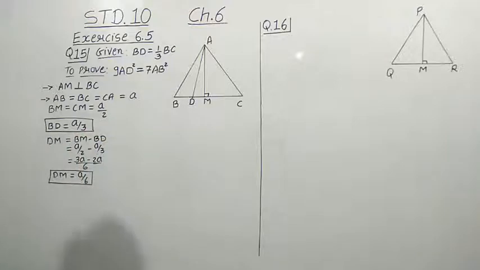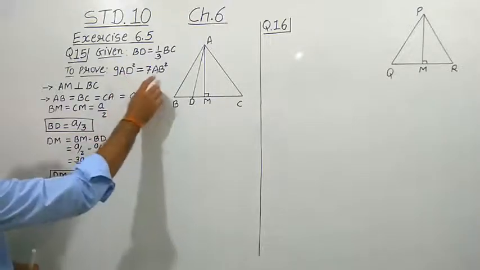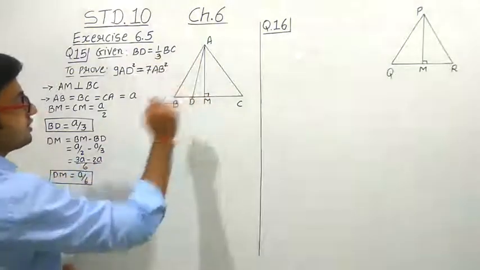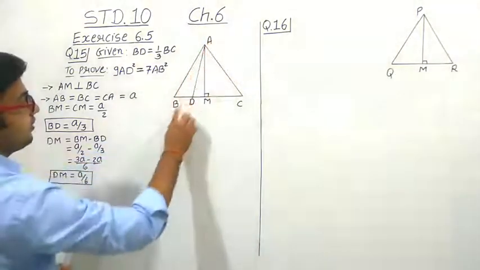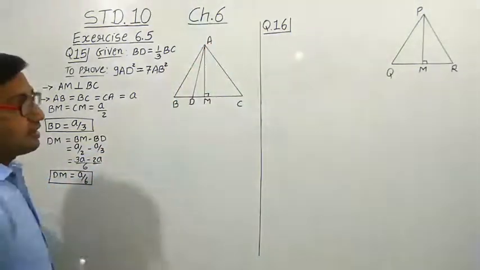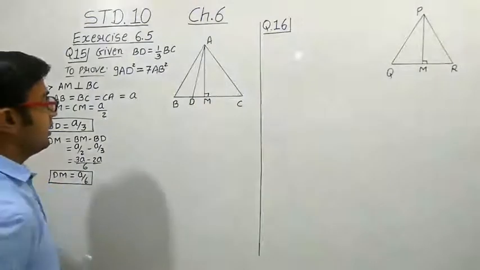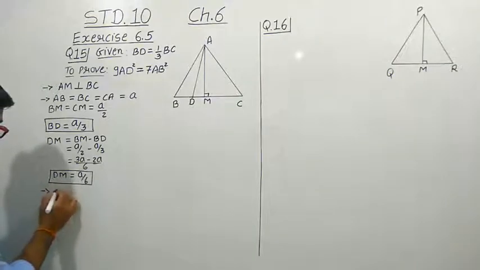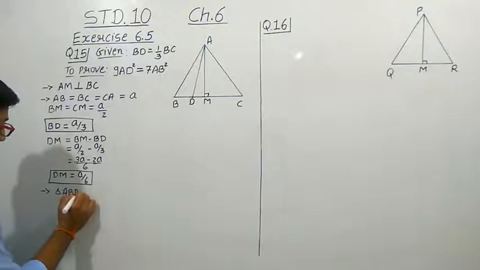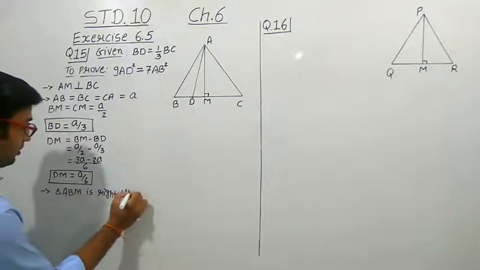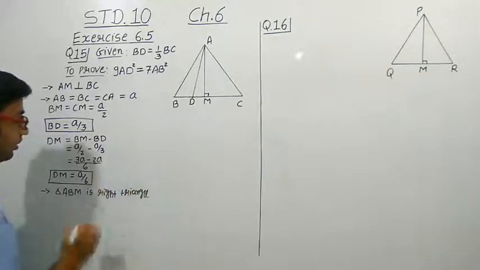Now we have to find the relation between this AD side and AB side. See, AD and AB. If we consider the triangle ABM, right, then it is a right angle triangle in which M is the 90-degree angle. So triangle ABM is a right triangle.